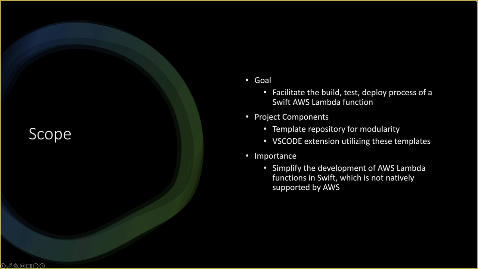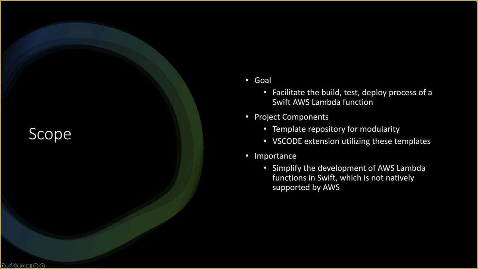And then we have the Visual Studio Code extension, which uses these templates to initialize your project and then builds it, tests it, and deploys it to AWS. So the importance of this project was to simplify the development of an AWS Lambda function written in Swift, which is not natively supported by AWS.